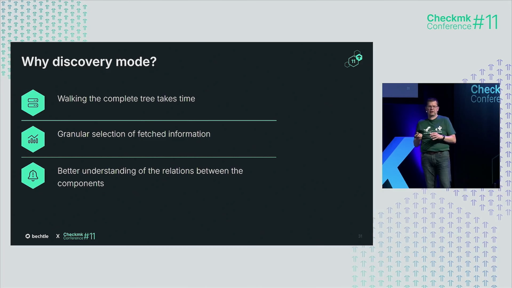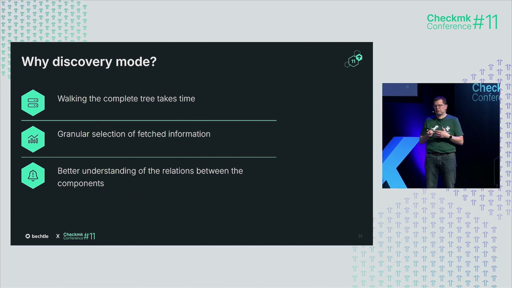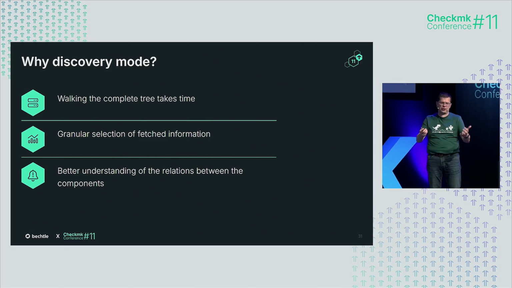And the last point of the future things, discovery mode. Why do you want this? The problem is, every Redfish interface can have another structure. The agent, to discover all the data that you need for monitoring, must walk the interface and fetch all the single data by itself.